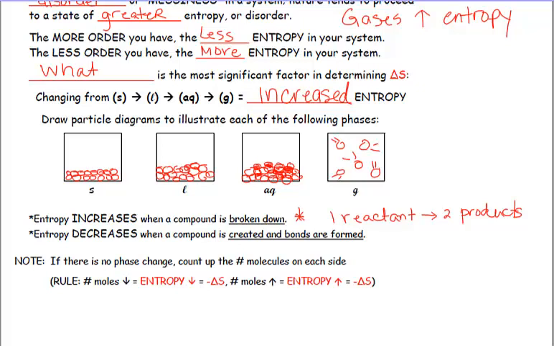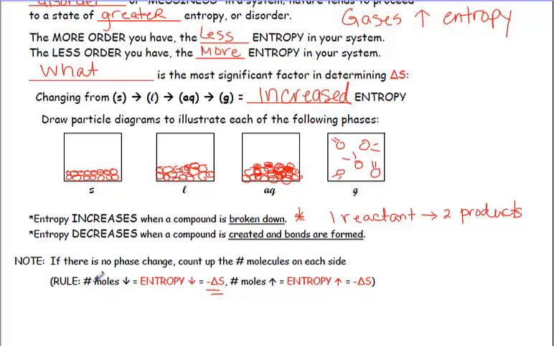So here's the rule. If there's no phase change, you're going to count up the number of molecules on each side. The rule is that if the number of moles goes down, entropy goes down, and that would give you a negative delta S. If the number of moles on each side goes up from left to right, then the entropy is going to increase.